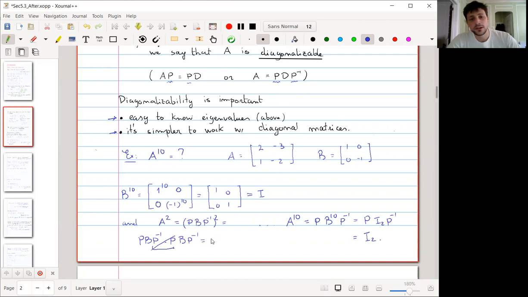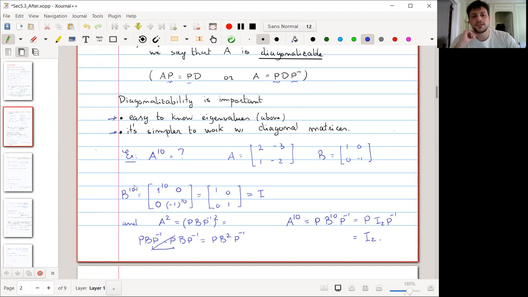In other words, A squared is nothing but PB squared P inverse. In the same way, I can write a longer chain of these when I compute A to the 10th, and I find that A to the 10th is P times B to the 10th times P inverse.